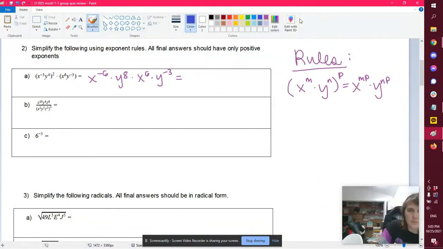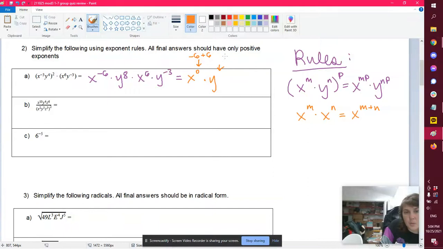The next rule is if we've got x to the m times x to the n, we just get to add those exponents to combine these two. For us, that means negative 6 plus 6, which is 0 for the x's.